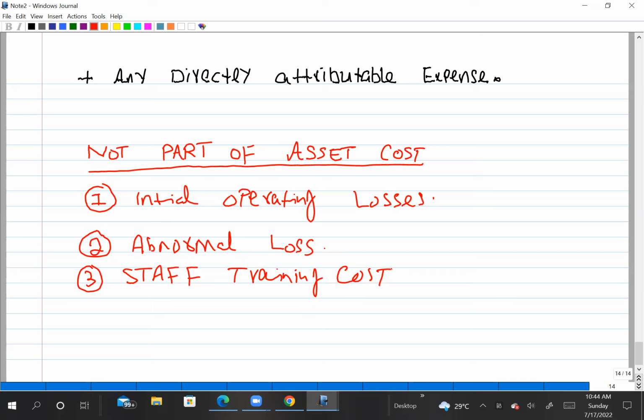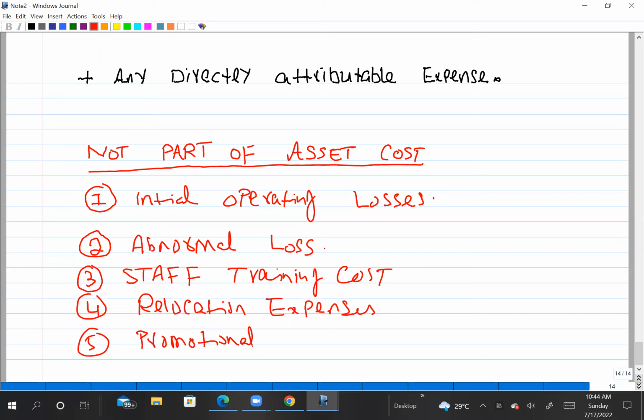Staff training cost. Relocation expenses. Promotional expenses.